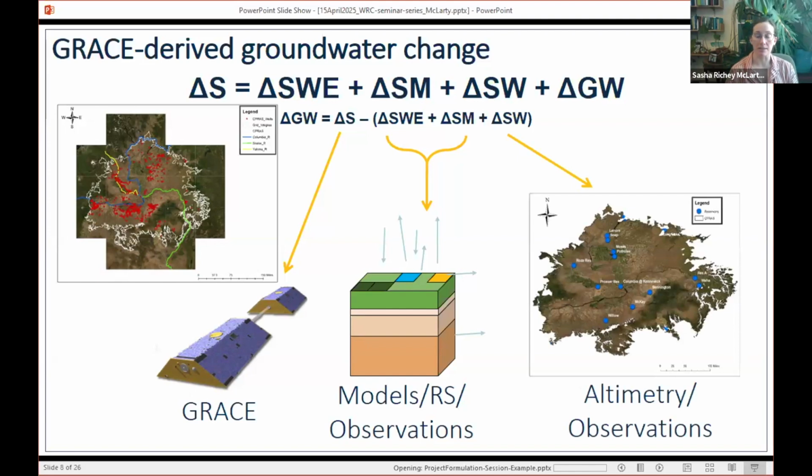Altimetry is a satellite-based method to quantify changes in lake level, reservoir level for large reservoirs. So mathematically, again, it's simple algebra. We're just taking GRACE, subtracting out everything that is not groundwater, using whatever tools we have available. And then what we're left with is the anomalies in groundwater as observed by GRACE.